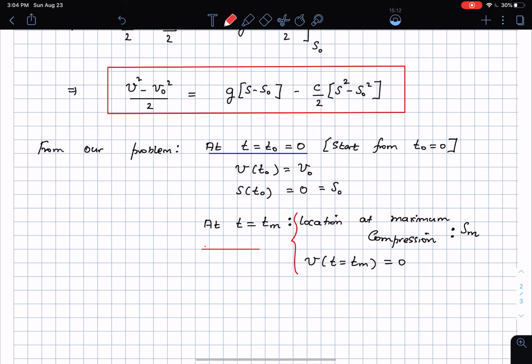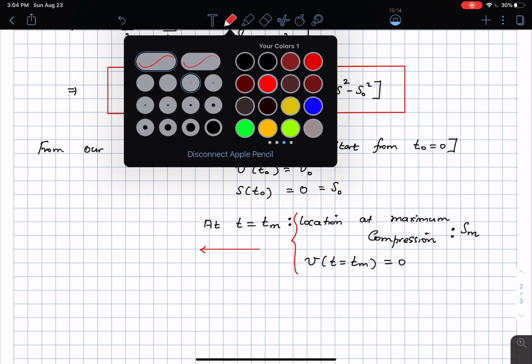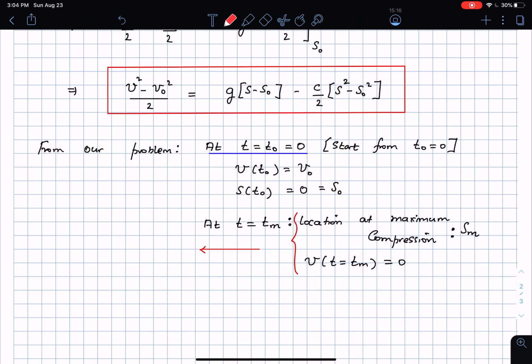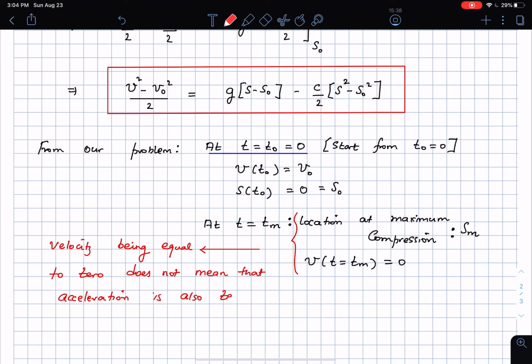So note this. I'll write this in red so that it's bright and shiny for us. Velocity being equal to 0 does not mean that acceleration is also 0 at that instant in time.